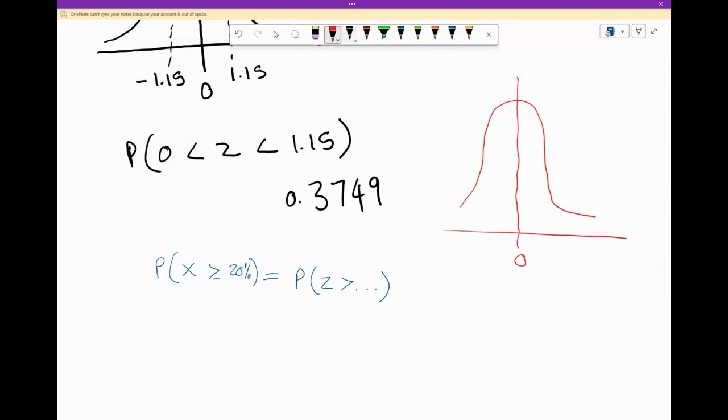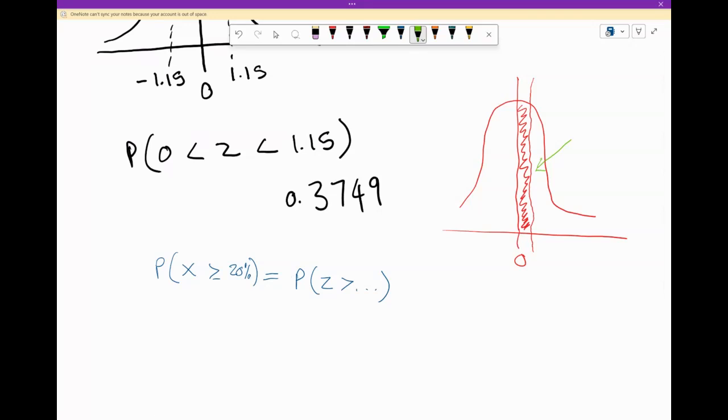Now, whenever we get a z-score, if we want greater than or more than, because that's the same thing, more than, greater than, at least, that's the same thing, okay? This is the area that we get from the z-score. But what we want is this part, because we want more than or at least.